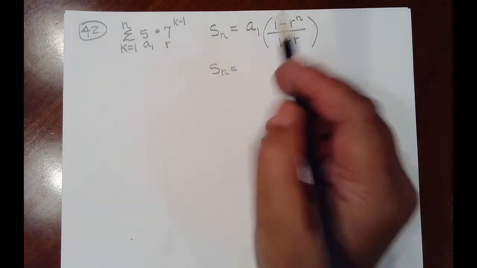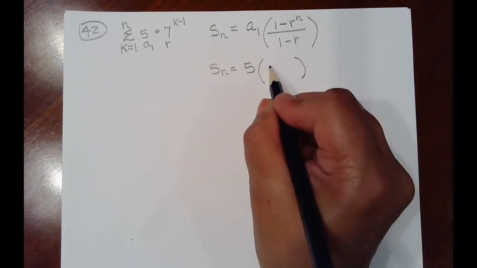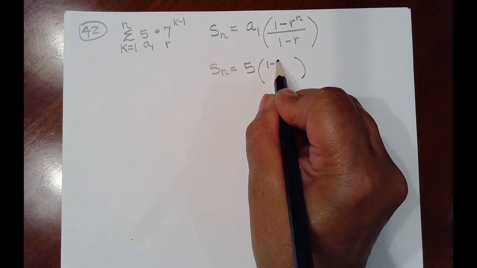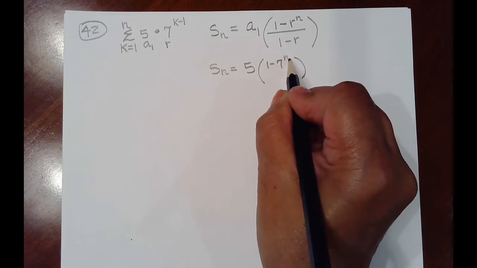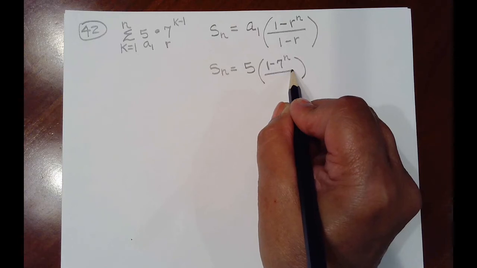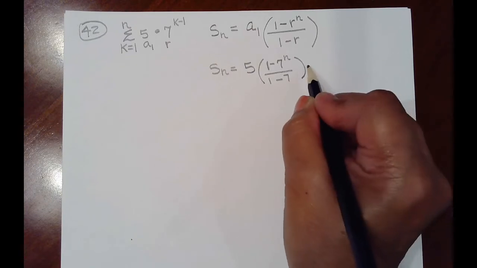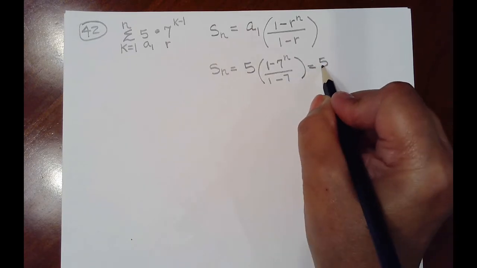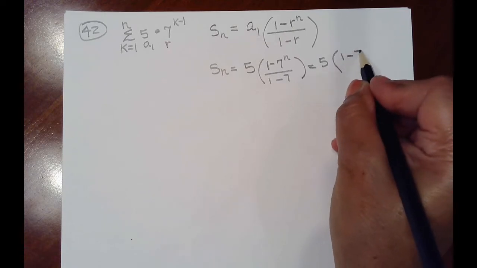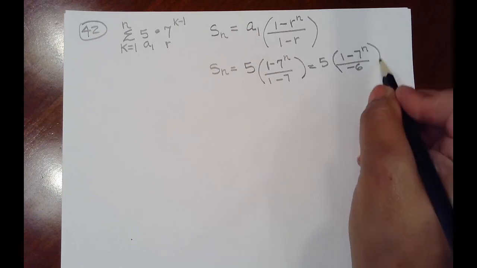So a sub 1 would be the 5, and you can use this r value to write this as 1 minus r, which is 7, raised to a power of n. That's your numerator. And then on the bottom, you can write 1 minus your r value again, which is 7. That's equal to 5 times 1 minus 7 raised to a power of n. And on the bottom, you have a negative 6.